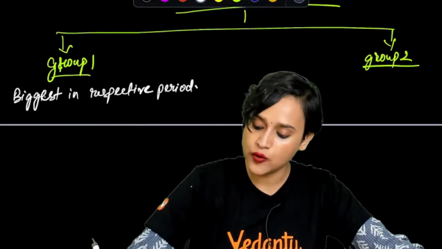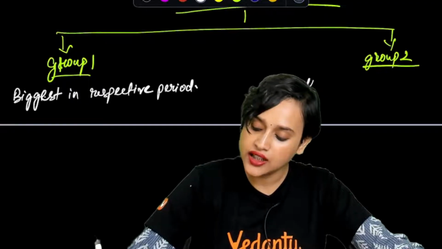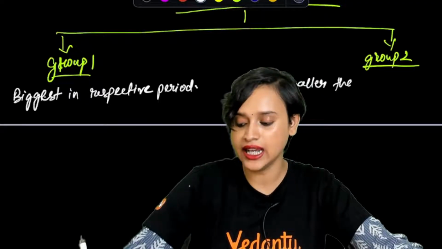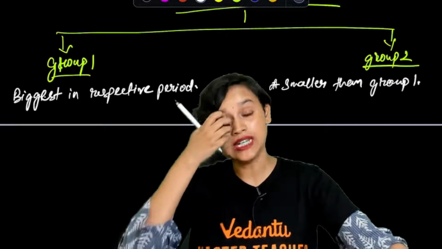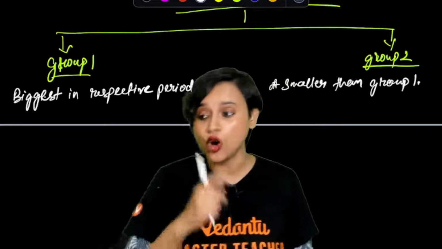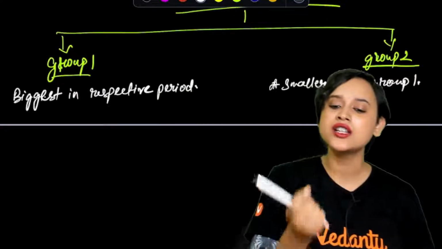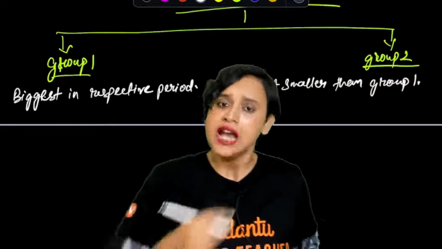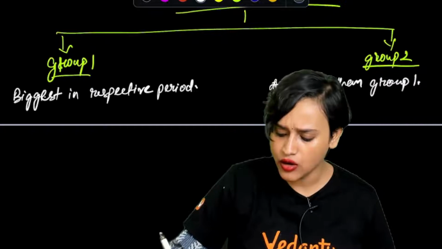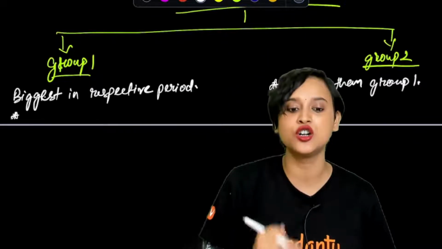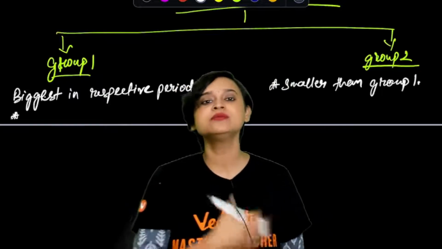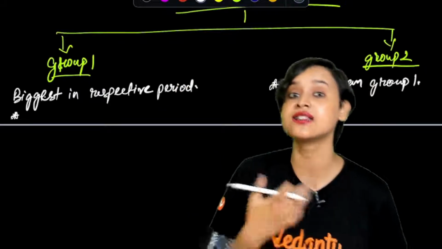And here we can write smaller than group 1, okay? The group 2 elements are also big, but they are smaller than group 1. And as you go down in the group, top to bottom, the atomic radii always increases. Why?